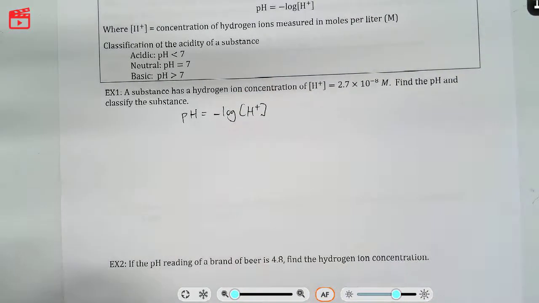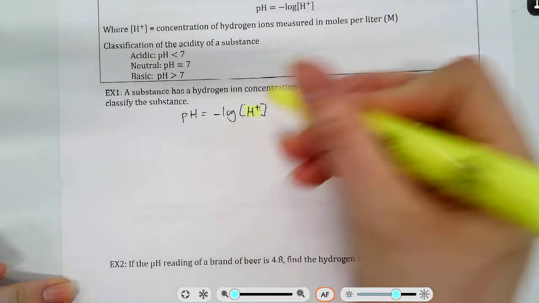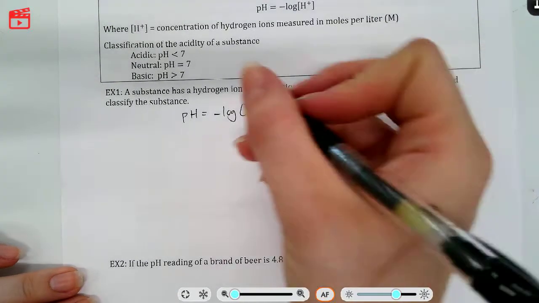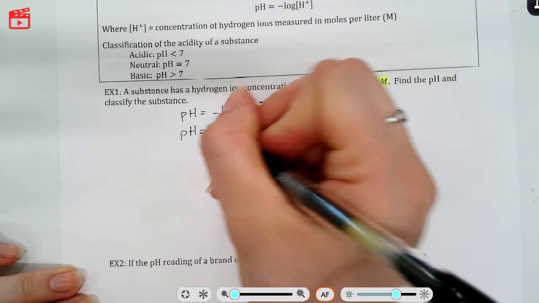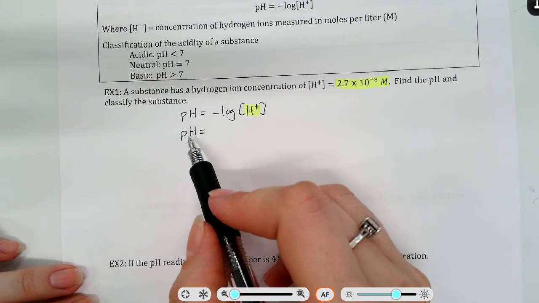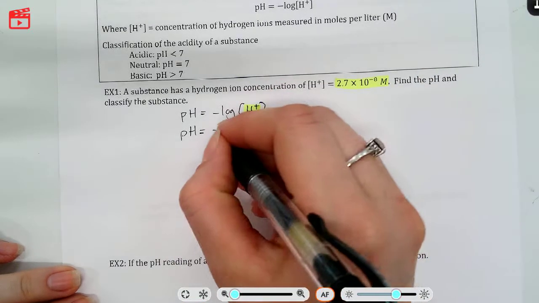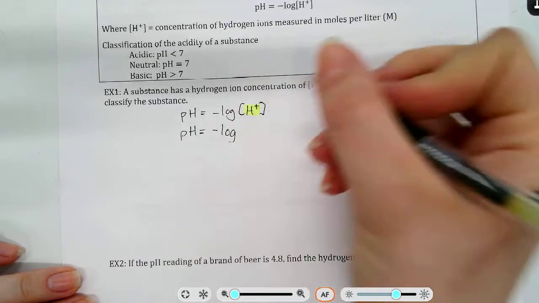We are given this value, so let's plug that in. Be careful, it's a lowercase p and a capital H. I will be watching for that, so make sure you write these correctly.